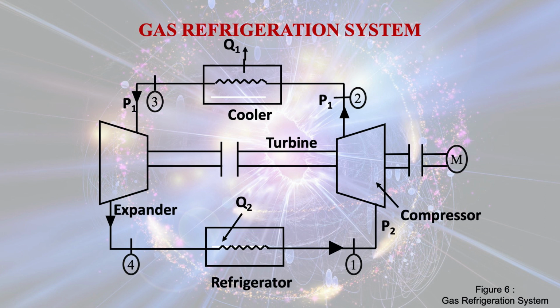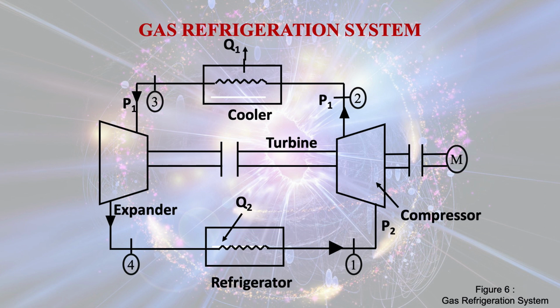We only need the compressed air, which is already there from the gas turbine engine. So at state 2, when the air is compressed, the temperature will be higher, so it is passing through the cooler and the heat is given out to the outside.